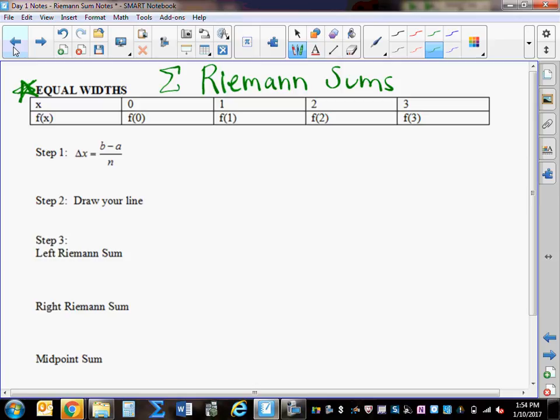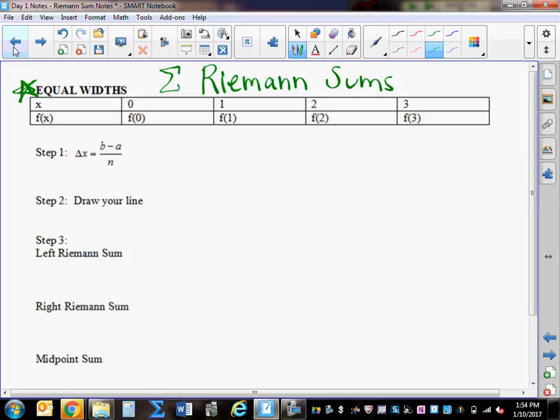Alright, so as we broke this up into rectangles, regardless of which rectangle we use, left, right, or midpoint, notice that we had a width of my rectangle. The area of a rectangle is length times width. So if we think of this width here, this is simply the difference of two x values, right?